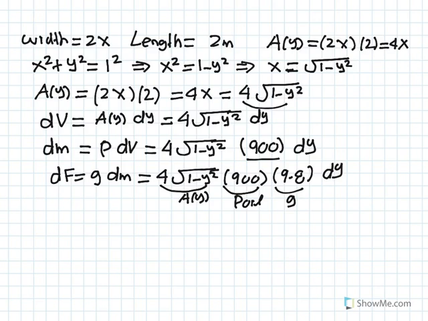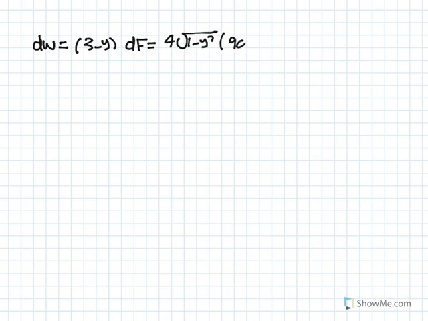All right, so let's define differential W, the work required to pump this rectangular slice over the outflow pipe. Differential W is going to be distance 3 minus y times differential force, dF. So we get 4 root 1 minus y squared times 900 times 9.8 times the distance that this slice has to travel to be pumped out over the top.